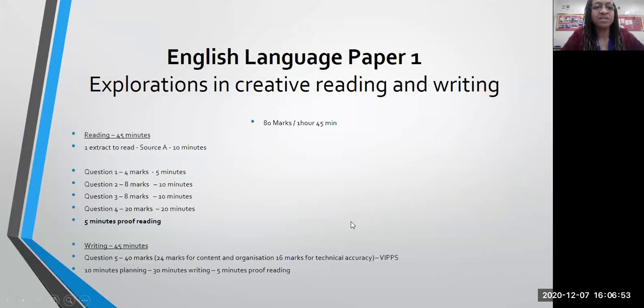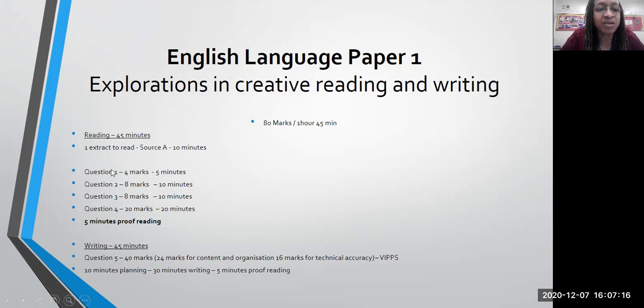As I've said, we have 1 hour and 45 minutes with the exam, and the best thing to do is to split the time: 1 hour for the reading question and then 45 minutes for the writing.